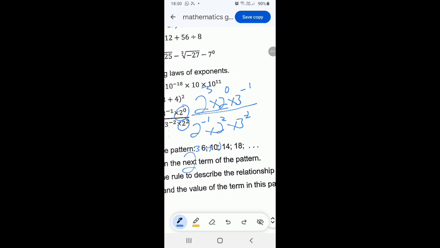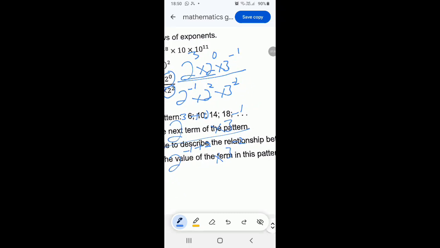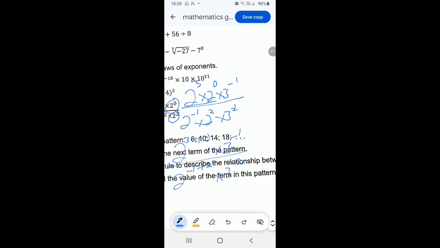Remember these two, same base, so we add the exponents. Times 3 to the power minus 1 over 2 to the power minus 1 plus 2 times 3 to the power minus 2. Then from here we can simplify. Now this is 3 times 3 to the power minus 1.